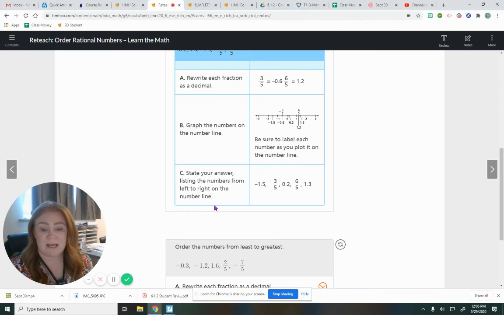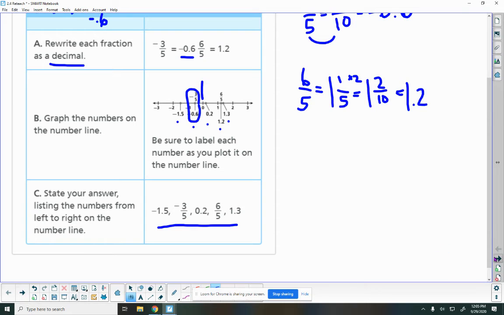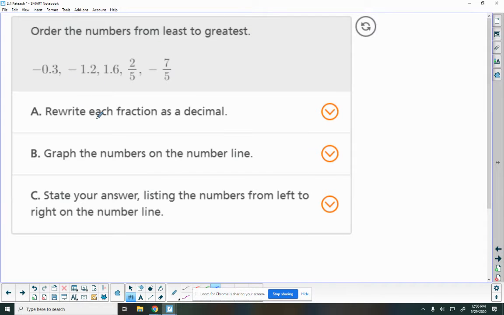So let's come back. Now we're going to do the same thing, and let's walk through these numbers here. So first we want to write them as decimals. So -0.3 is good, -1.2 is good, 1.6 is good. So over here we have 2/5.